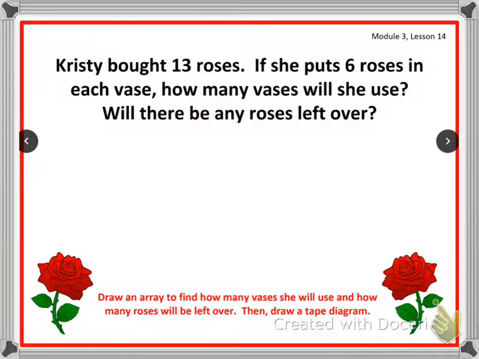All right, Christy bought 13 roses. If she puts 6 roses in each vase, how many vases will she use? Will there be any roses left over? This is an example of a measurement division word problem, because now they're asking for how many vases, which really means how many groups.